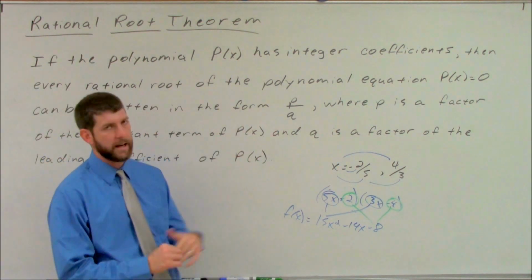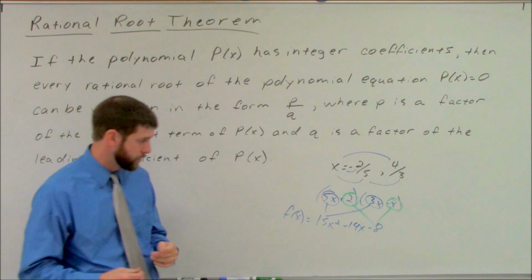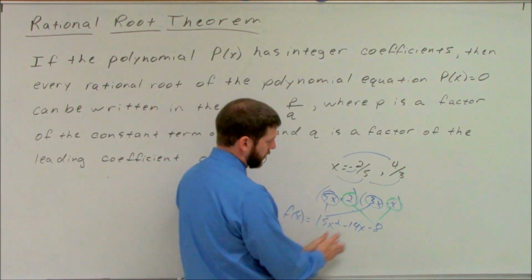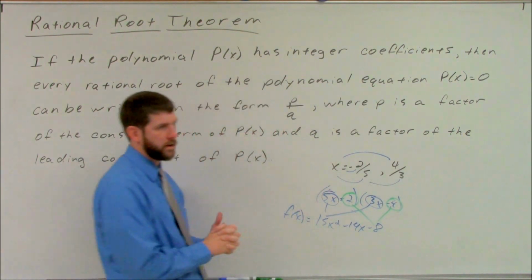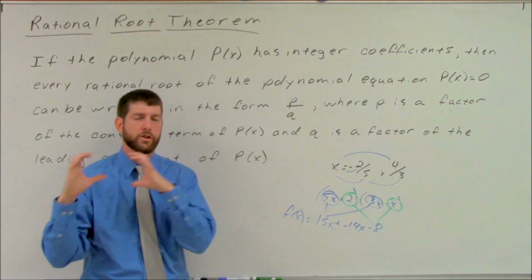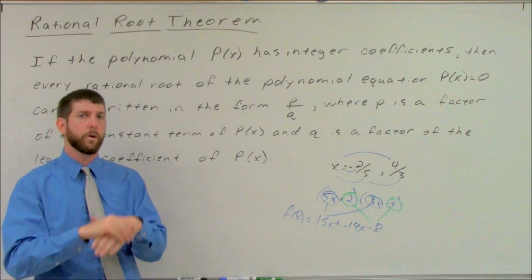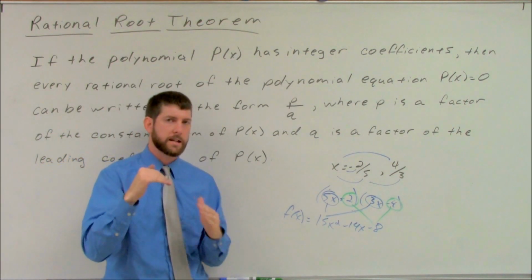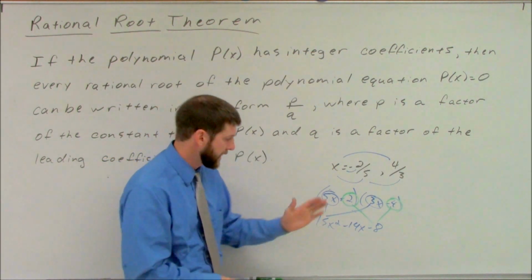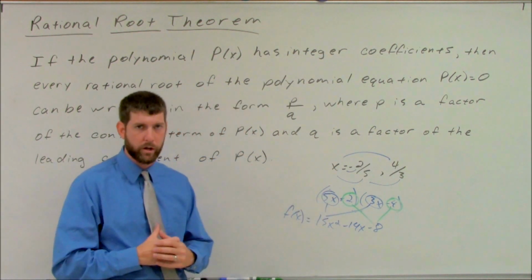It says to generate a list of possible rational roots. We're going to look at every way we could combine factors of the lead coefficient and factors of that constant. Because somewhere in that list, if there is a rational root, if there is somewhere that we cross the x-axis that is not irrational, then it has to be in this list that we're going to generate.